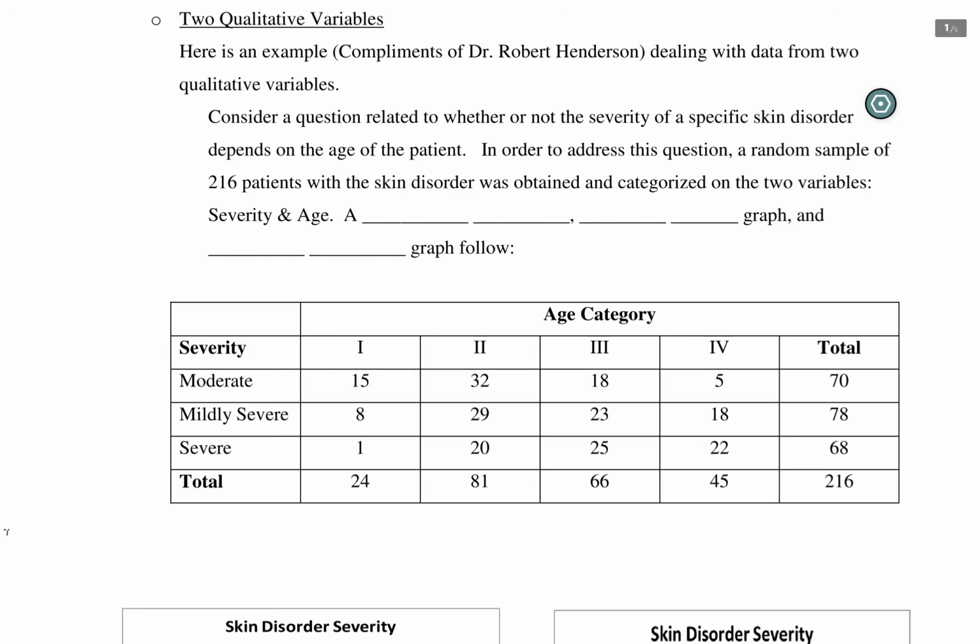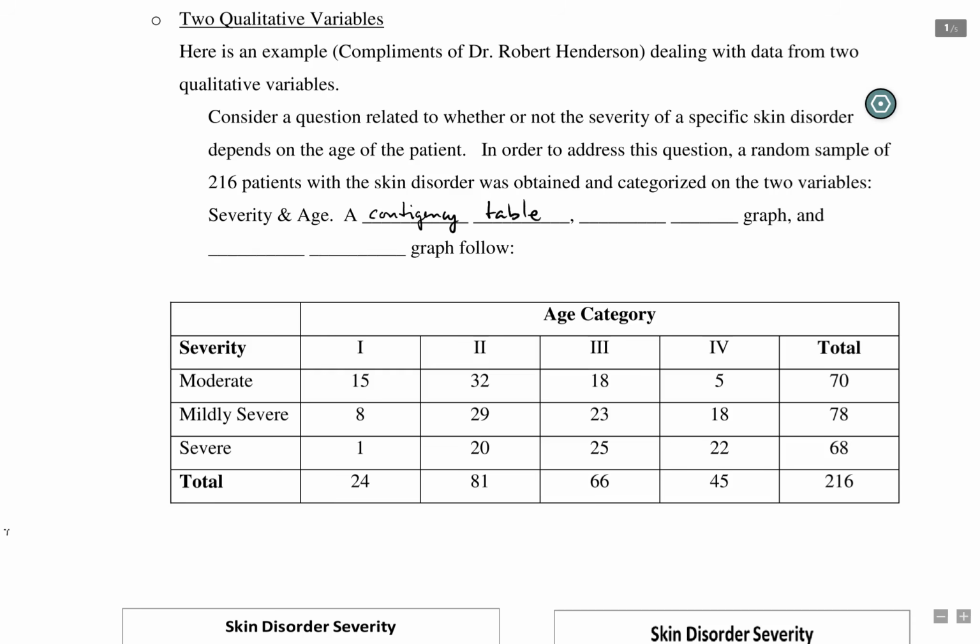We want to describe this sort of data, and here is what's called a contingency table. A contingency table cross-tabulates according to these two variables.